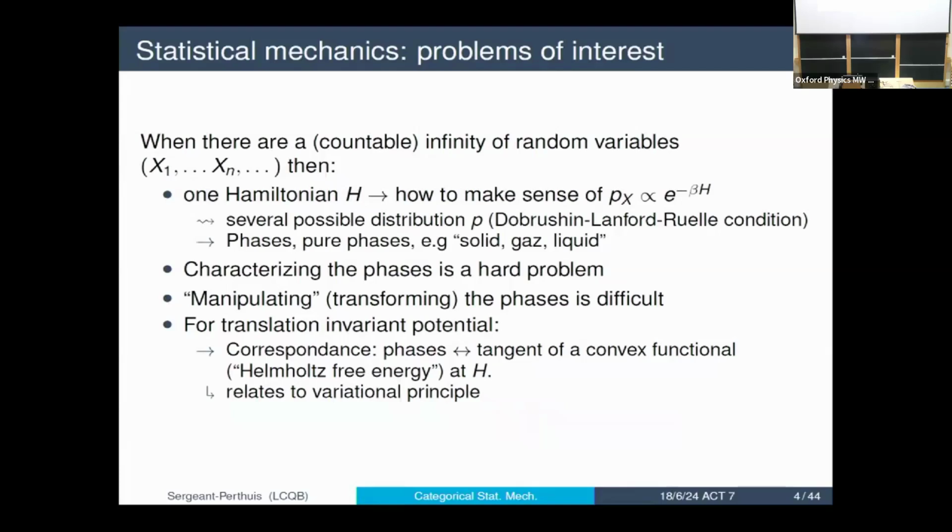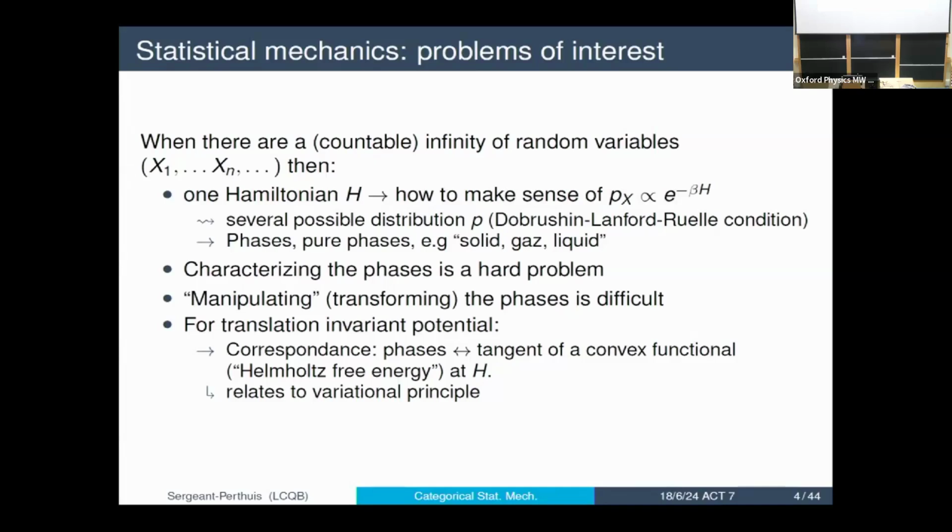If you want to do it by giving yourself a collection of distributions on finite sets of variables, and you say that they need to be compatible by marginalization, you get a problem: you don't get phases, because the Kolmogorov extension theorem tells you there is only one. So you need to find a way to define the notion of phase mathematically for an infinite size system. This is exactly what people tried to do: Dobrushin, Ruelle, and Lanford.